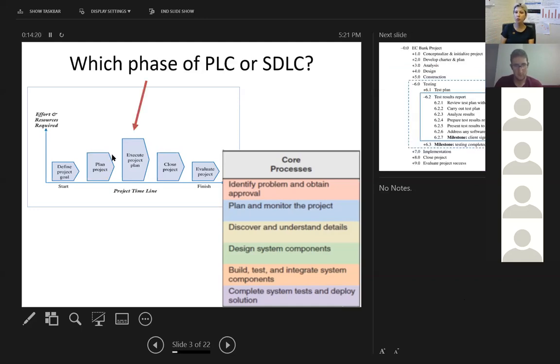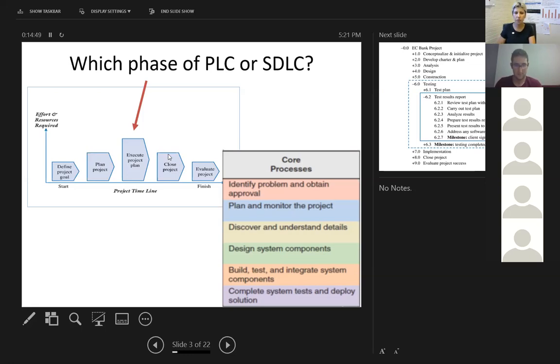Because sometimes you do a little bit of analysis and design or implementation in planning because you want to identify bottlenecks and glitches and make sure you understand them well enough so you can create a realistic plan for the project. So a little bit of SDLC could happen during the planning or during defining the project, but most of the work will happen during the execution.